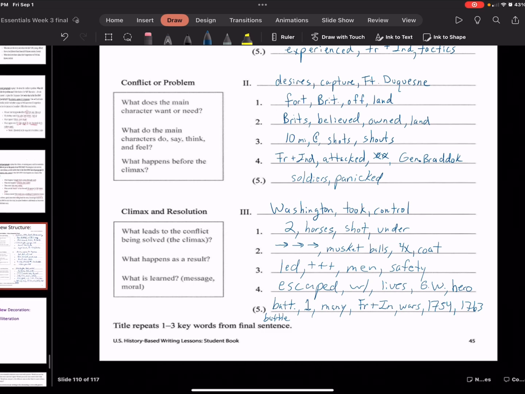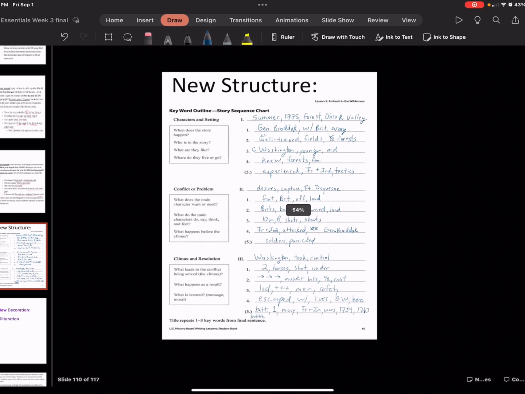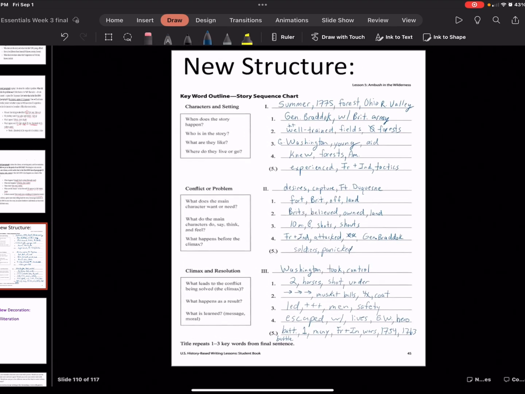So that would be our keyword outline. We would use our keyword outline and rewrite the story using just your keyword outline. So a test is the best thing. I would say best practice is to do your keyword outline and wait at least 24 hours before you start writing your story.